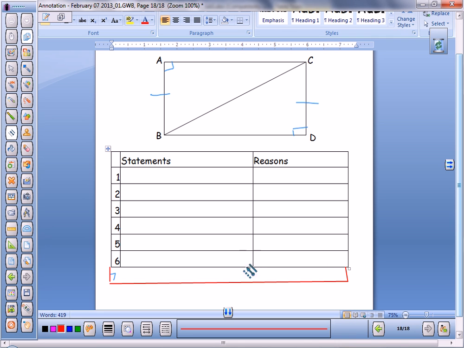Now, I know these are congruent. I know triangle ABC is congruent to triangle DCB by HL, because BC is congruent to itself.